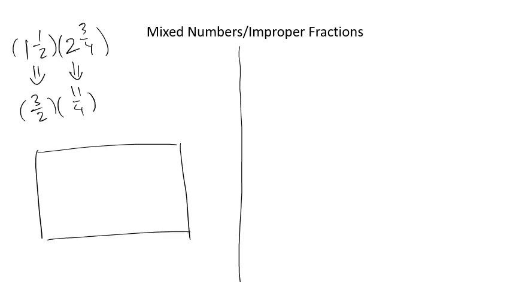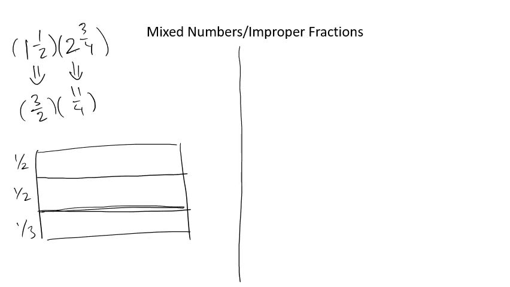how would I break this up? Well, I'm still doing this first part in halves. So I still want to break this into halves, but I need 3 of them. So I've got 1 half, 2 halves, 3 halves. And you might see people draw this line a little bit darker because it's going to represent this unit, this whole.